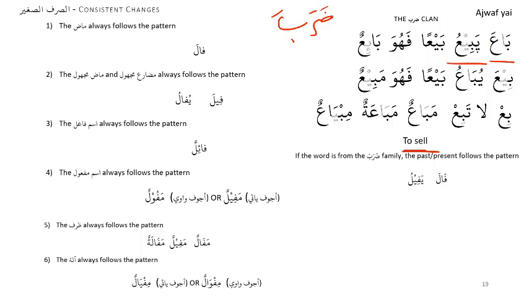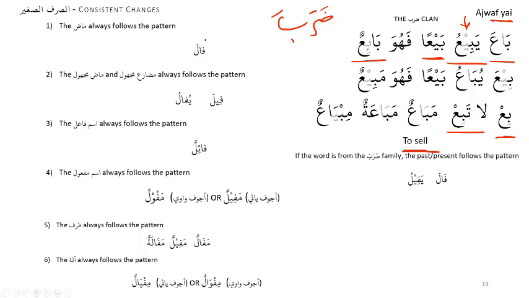So that's why in the fa'il mudari' we have yabi'u. So ba'a yabi'u ba'an, fahuwa ba'i'un. So ba'i'un is the seller. Again, notice this is ajwaf yai, which means the ya in the middle is dropped. La tabi', do not sell.